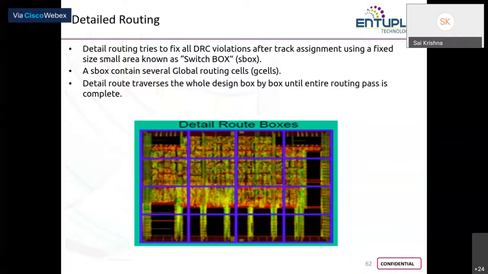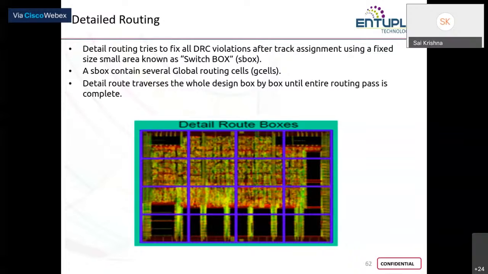It will split your core area into routing boxes and route one box after another. The small areas are called switch boxes, and a group of switch boxes are called global routing cells, or G cells.